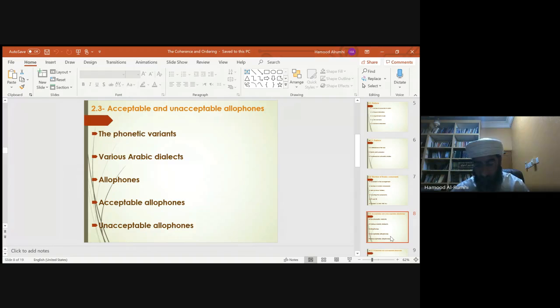According to the methodology of classical Arabic grammatical treatises, these allophones are divided into two types. The first one, acceptable allophones that are common in Arabic dialects and desirable in the recitation of the Holy Quran and Arabic poetry. And the second one, unacceptable and uncommon allophones in Arabic dialects that are undesirable in the recitation of the Holy Quran and Arabic poetry.